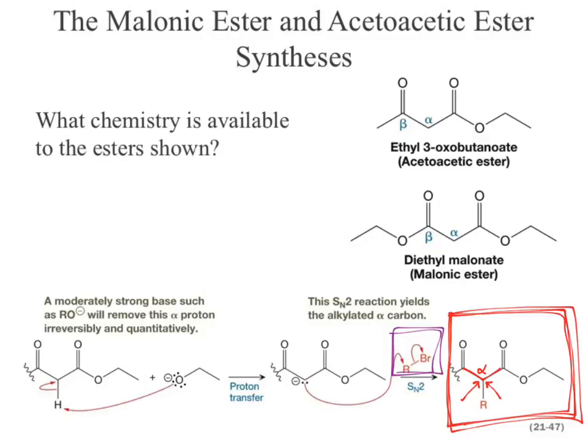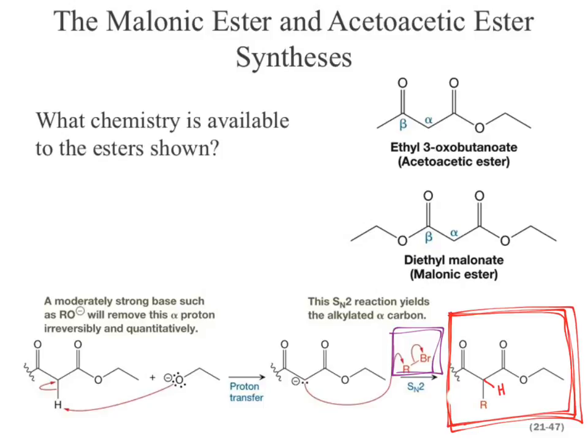What's that? It still has an alpha hydrogen, which means it could potentially react again. I can add another equivalent of base, and I can add another alkyl halide. So I can chain lengthen by putting in 2 alkyl groups, and I can put in 2 different alkyl groups. That's pretty awesome.